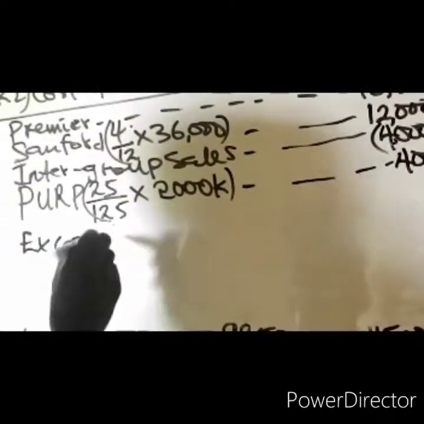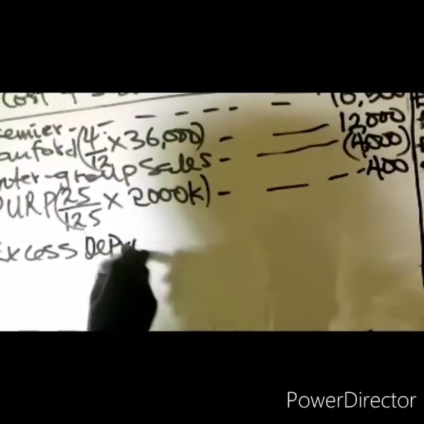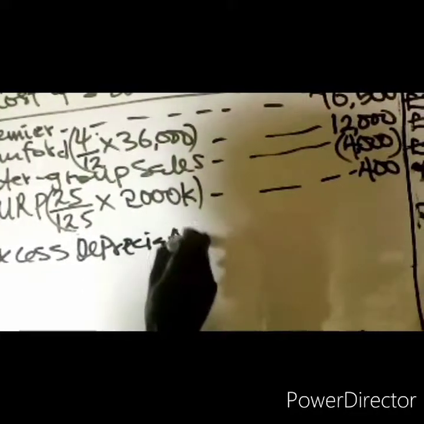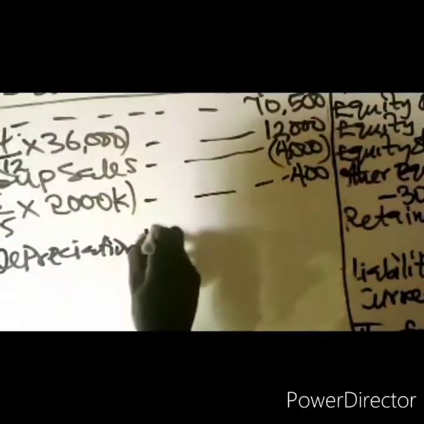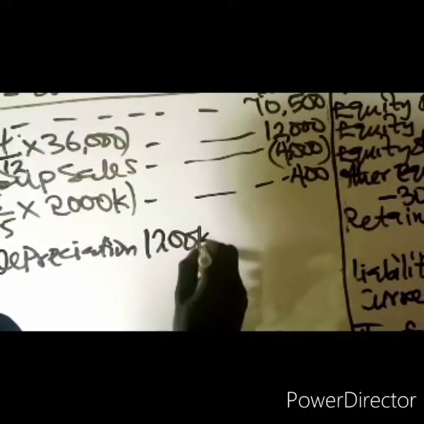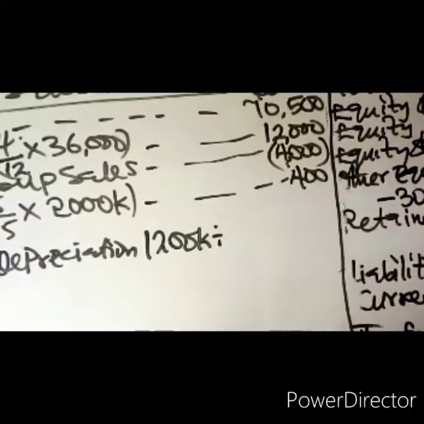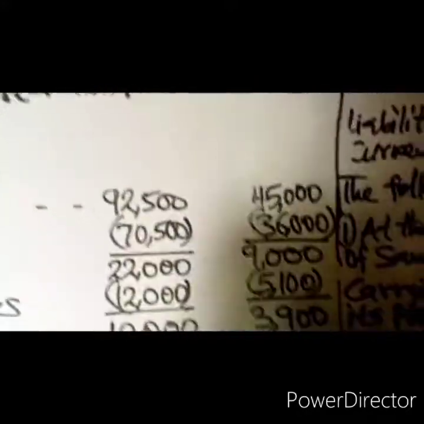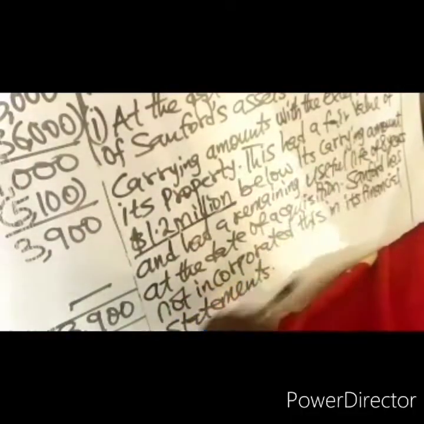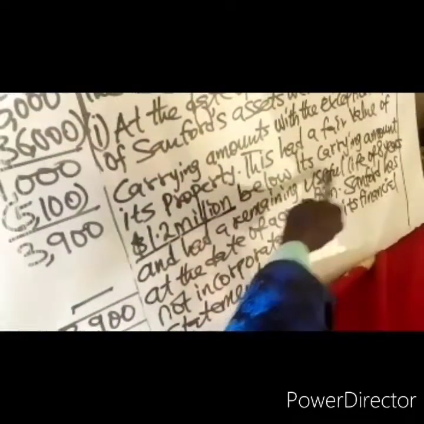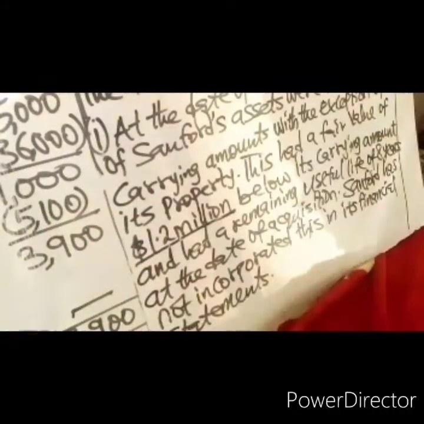So we have excess depreciation now. So you deduct it. And the fair value is 1.2 million below its carrying amount and had a remaining useful life of 8 years.